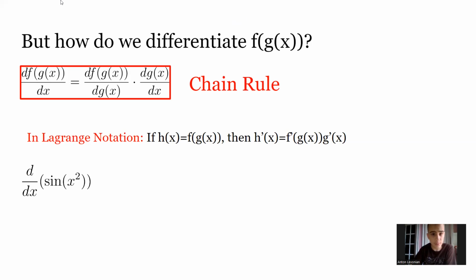Yes, Ria? What's Lagrange notation? Oh, so I went over in the fourth introduction to derivatives class how there are many different notations for the derivative. For instance, this one right here is called the Leibniz notation, the d something over d something.